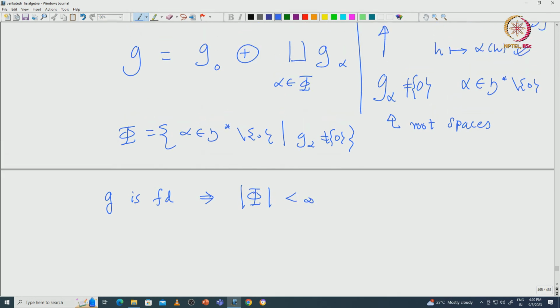This actually possesses lots of information about the structure theory of G. We will see many interesting properties of this set of roots. So this phi is called the set of roots.